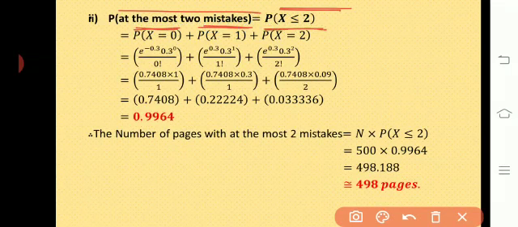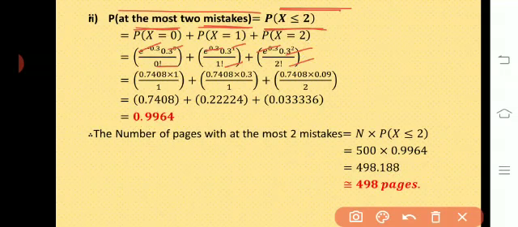First we put x equal to 0: e raised to minus 0.3 as it is, 0.3 raised to 0 divided by 0 factorial, plus e raised to minus 0.3 into 0.3 raised to 1 divided by 1 factorial, plus e raised to minus 0.3 into 0.3 square divided by 2 factorial.